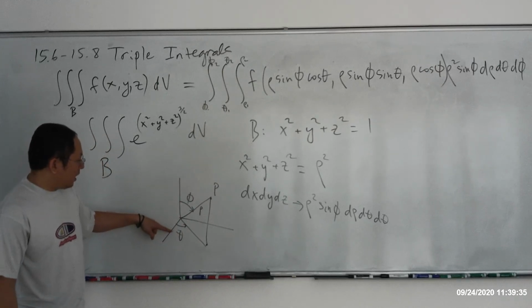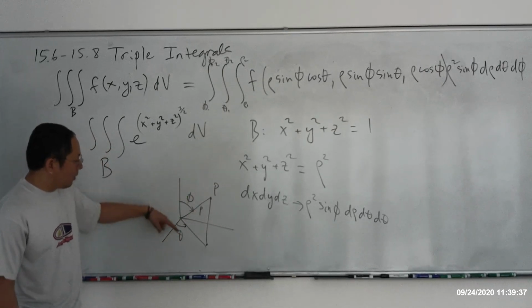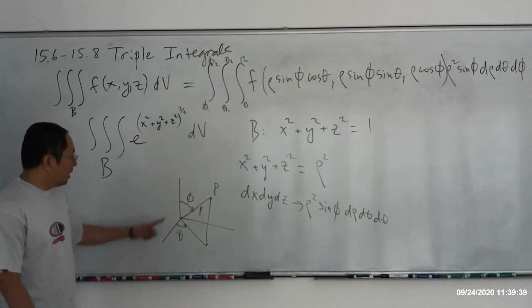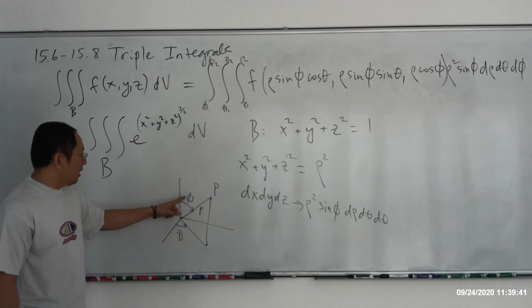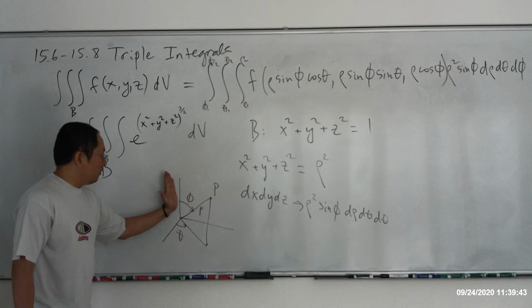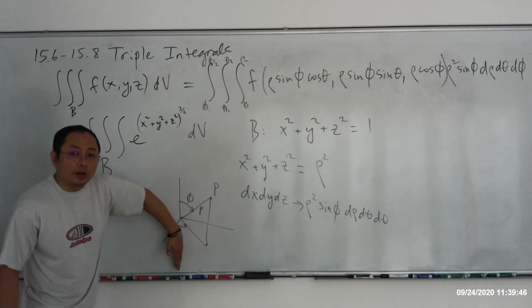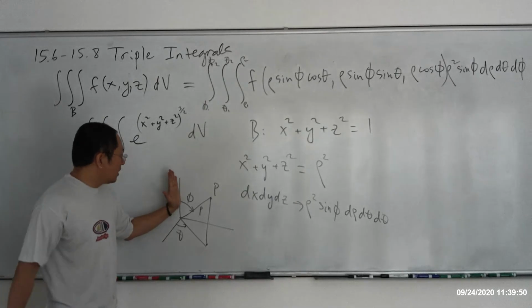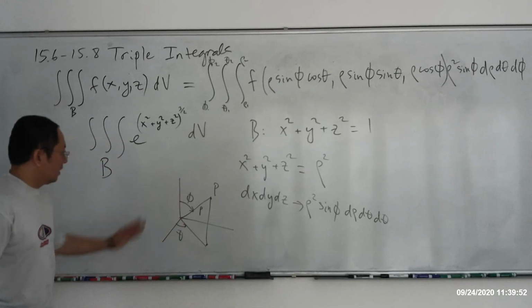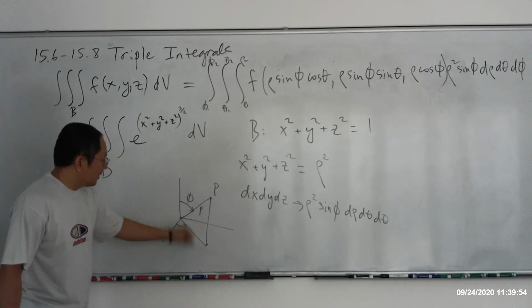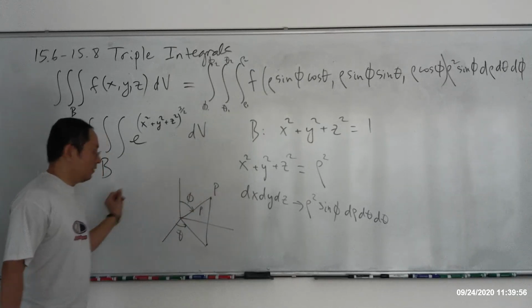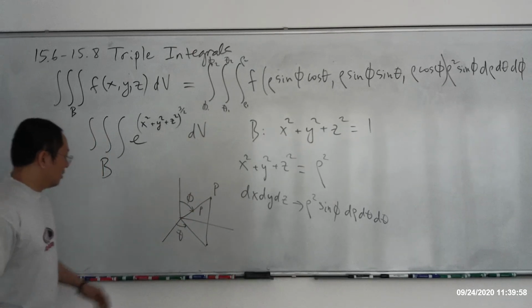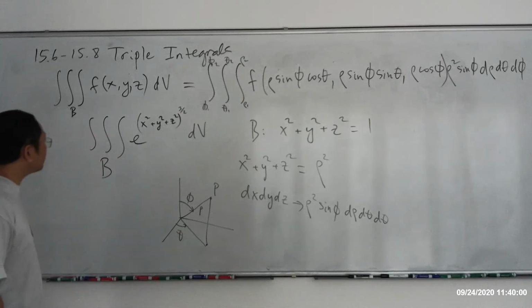The angle theta goes around the xy plane from 0 to 2 pi. But for the angle phi, you only need from 0 all the way to 180 degrees. So phi varies from 0 to pi. Doesn't matter which way, up and down. You can rotate it around the whole circle around the xy plane.